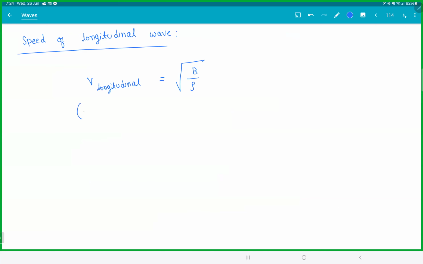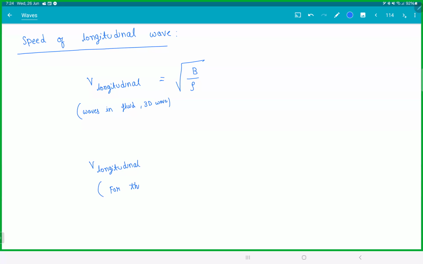Now this is for waves in a fluid, 3D waves basically. Basically, you can say in 3 dimensions it travels. But suppose you're talking about waves in a rod.